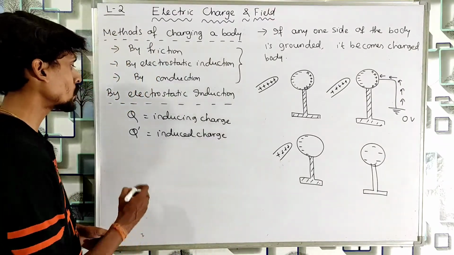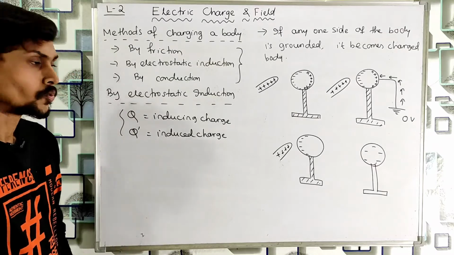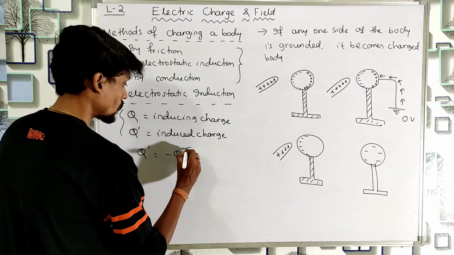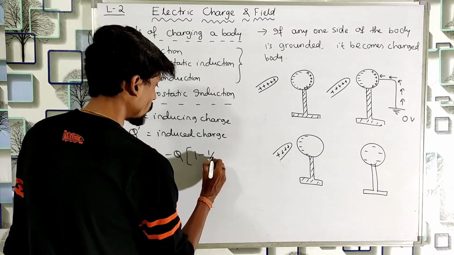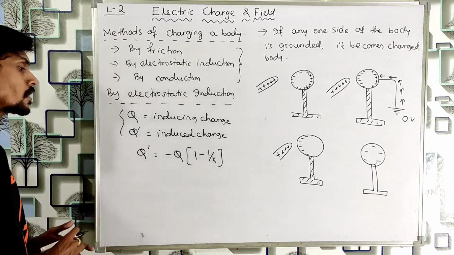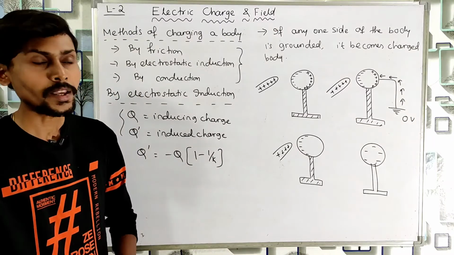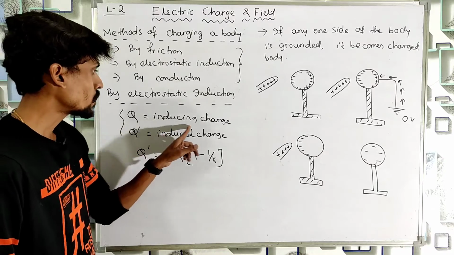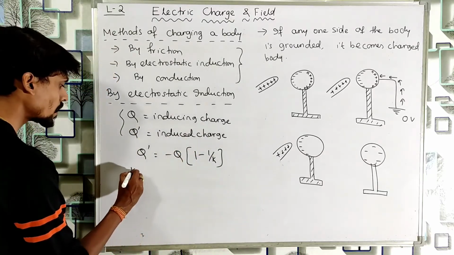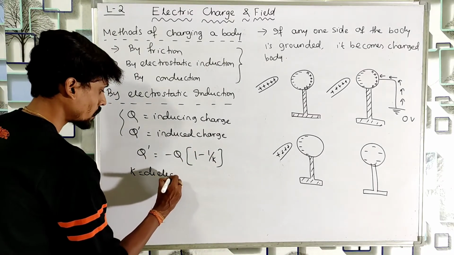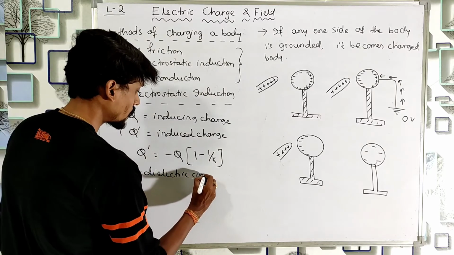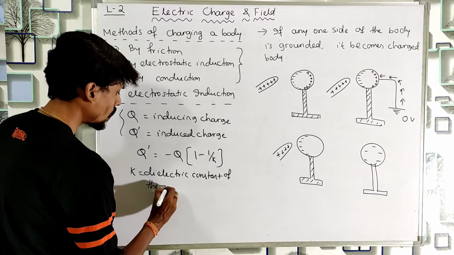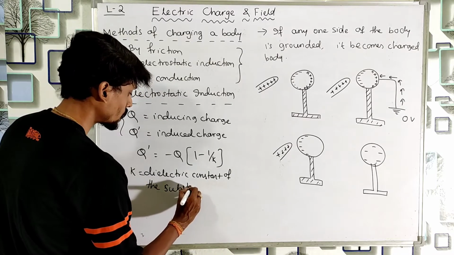And there is a relation between Q dash and Q. What is the relation? Q dash is equal to minus Q whole into 1 minus 1 by K, where Q dash is the induced charge, Q is the inducing charge, and K is the dielectric constant of the substance, not medium, substance.